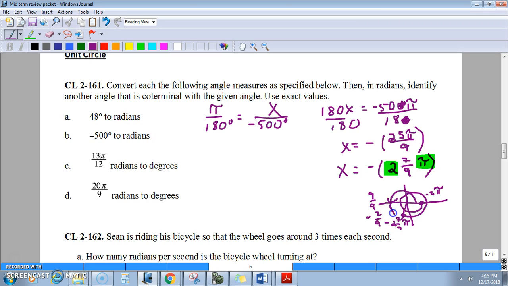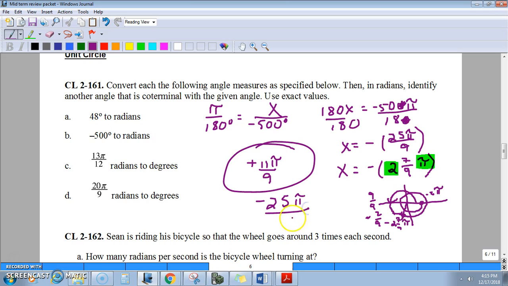I made it a little too far over, so it's not going to look like it's correct, okay? So 9, 10, 11. So positive 11 pi over 9 is going to be coterminal with negative 25 pi over 9.